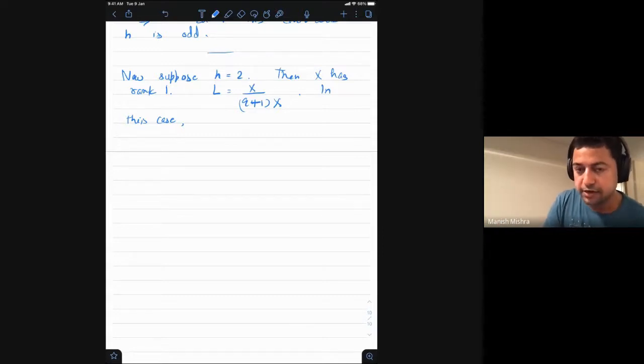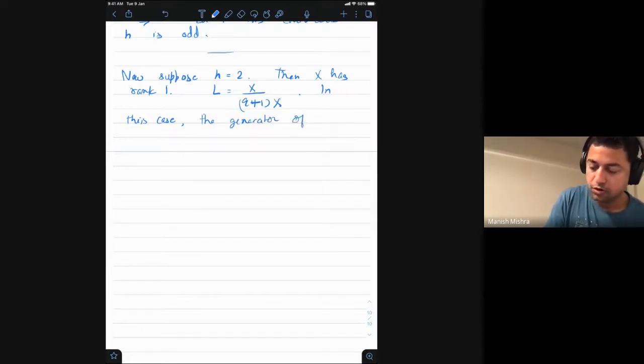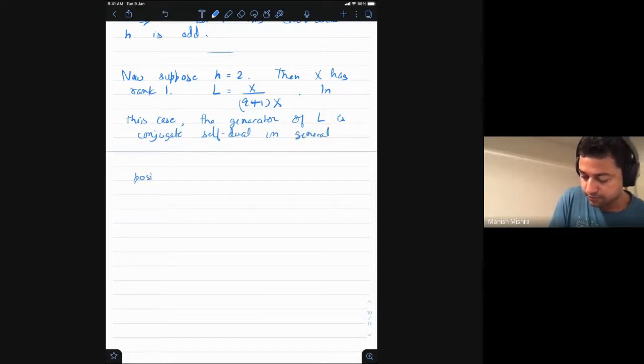So in this case, the generator of L is conjugate self-dual in general position.